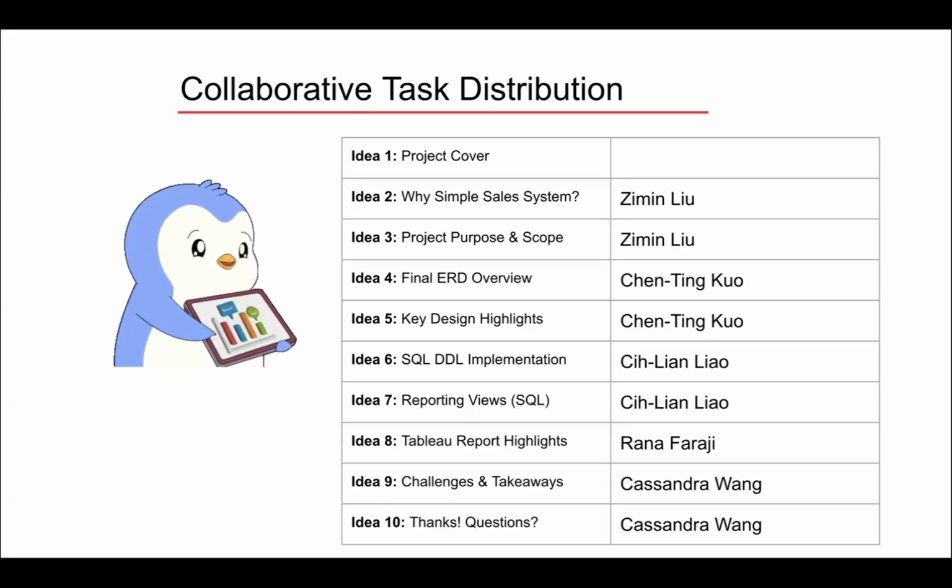I'll also introduce the reporting views we created in SQL for business insight. Then we'll hand it over to Rena, who will show how we brought some of those views to life using Tableau. Cassandra will wrap things up with some challenges we faced and what we learned from this project. And finally, we'll open the floor for Q&A. We are happy to answer any questions you have.